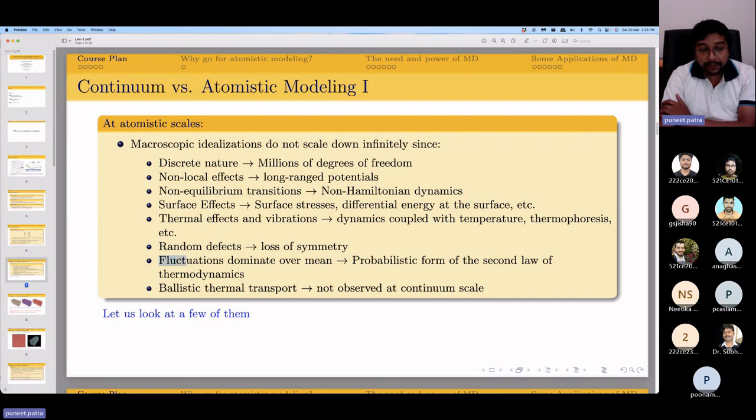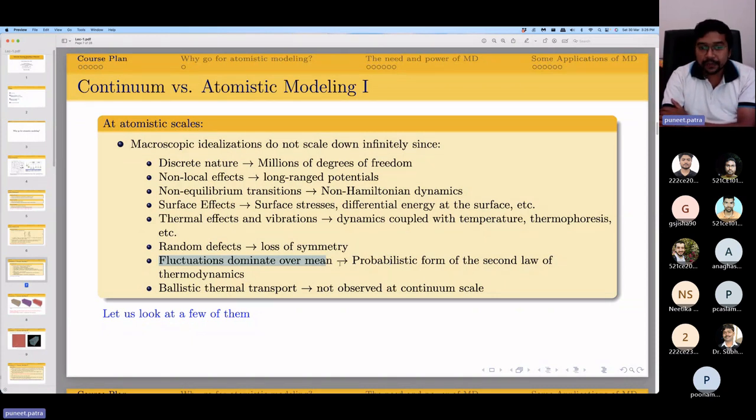At atomistic scale level, fluctuations become important and they start to dominate over the mean. As a consequence, the second law of thermodynamics, one of the most profound laws proposed in the scientific literature, applicable from quantum mechanics to atomistic scale mechanics to continuum mechanics to astronomical level problems, needs to be reinterpreted.